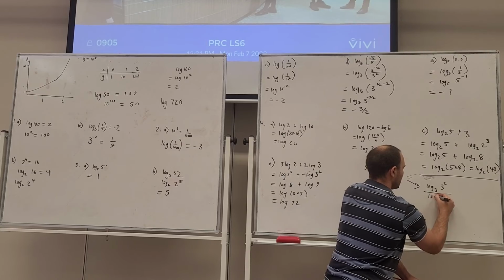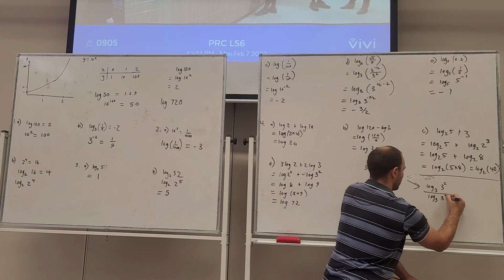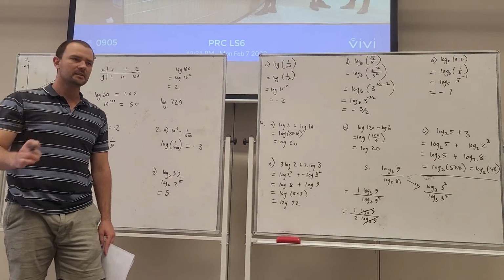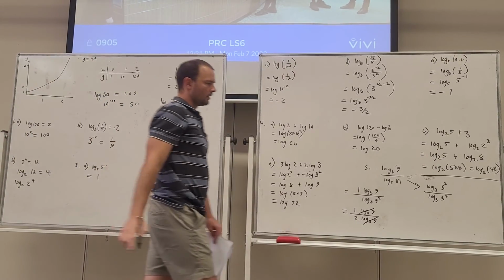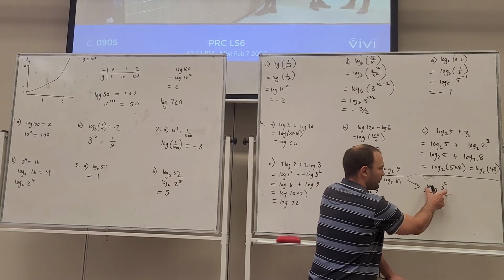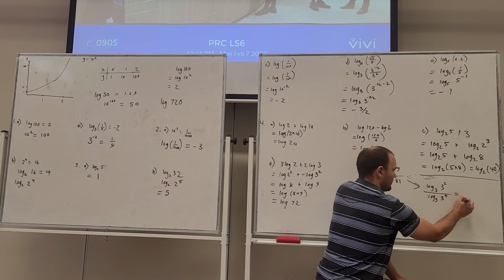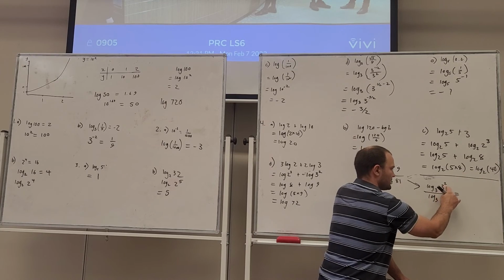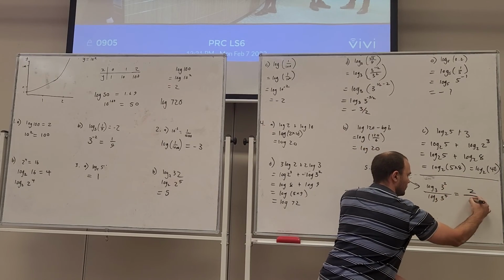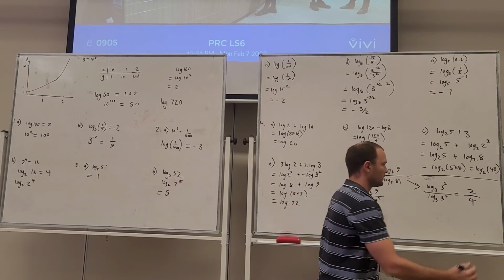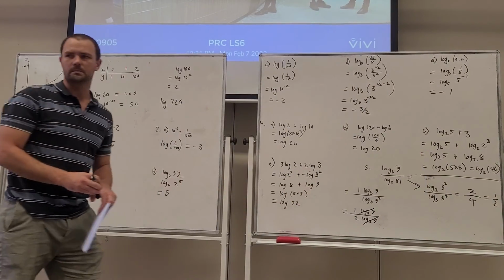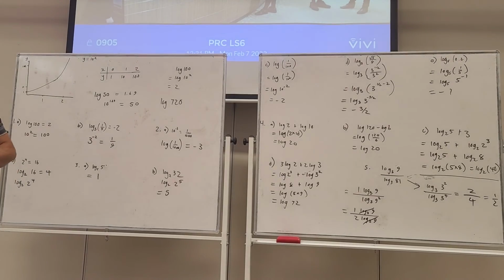On top of log in base 3 of 3 to the power of 4. 3 to the power of 4 is 81. Now we have expressed both the numerator and the denominator, the top and the bottom, as a power of 3. So now it's going to simplify to the integer that it is. We're left with 2 on 4, which is half. Okay, so either of those processes would be fine for showing that this is true.